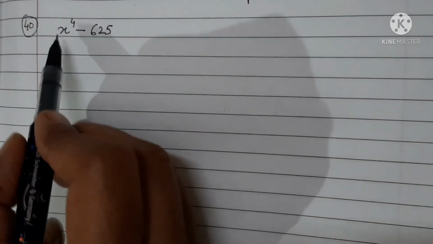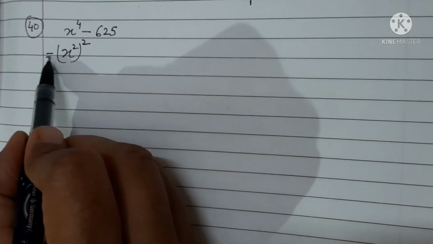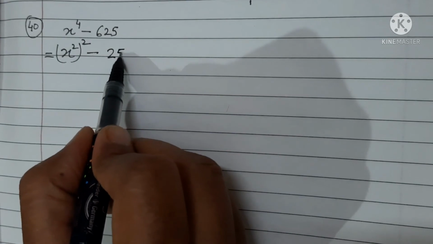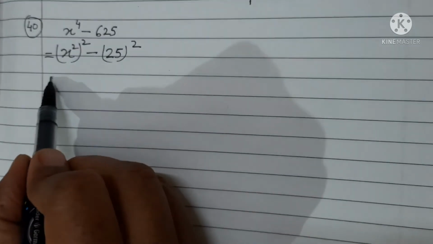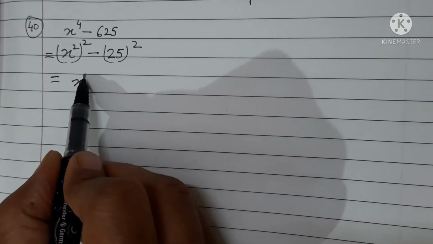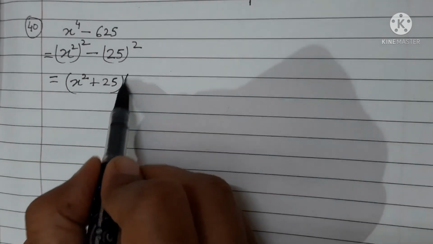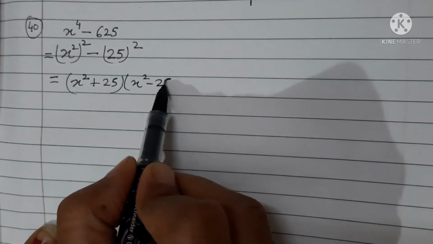So here you can write it x square whole square minus 25 whole square. Now use the identity a plus b and a minus b: x square plus 25 and x square minus 25.